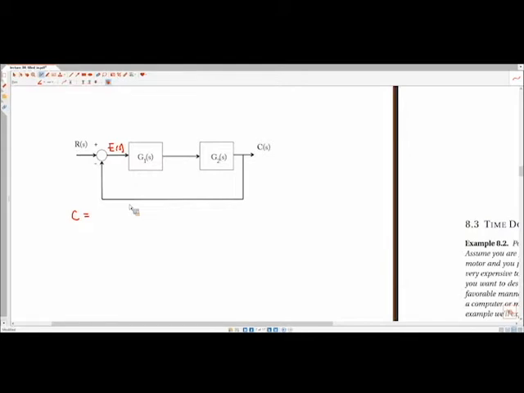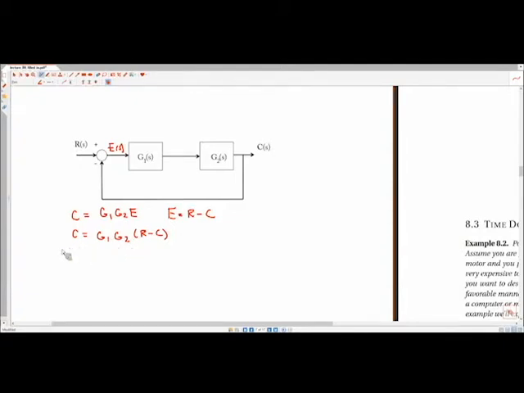And so we would say that C is equal to G1, G2, E, and then we would say that E is equal to R minus C. So putting E in this expression here, I get C is equal to G1, G2, times R minus C. I can move the negative G1, G2, C over to the left-hand side.